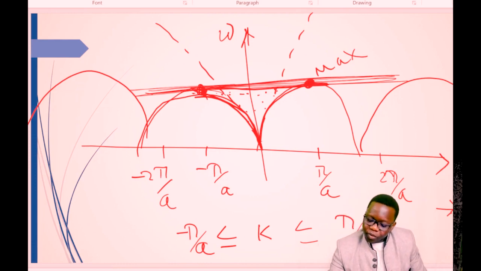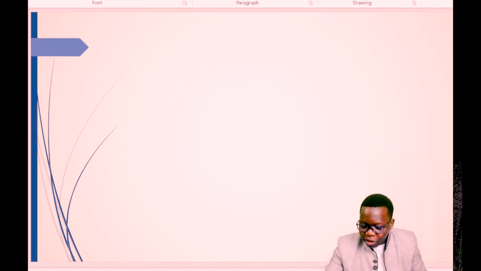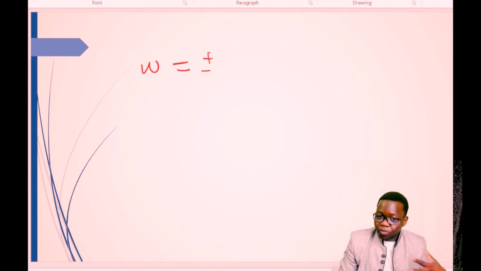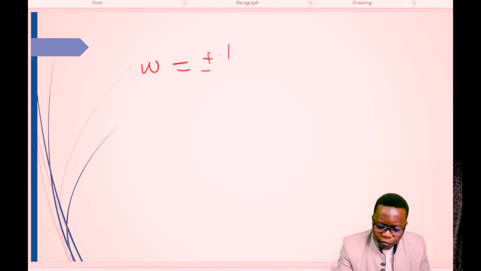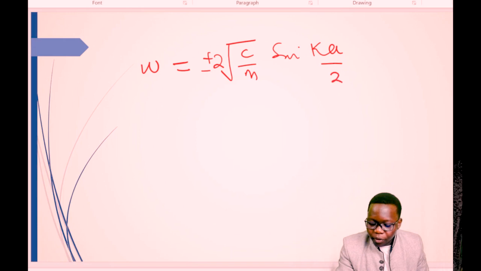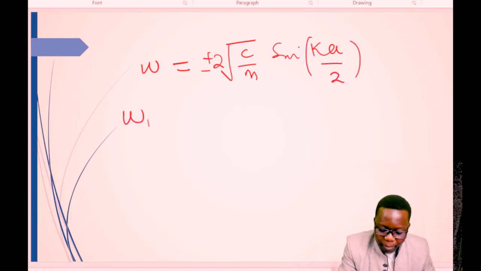So what is that maximum frequency? When is the frequency called maximum? That's what we need to know. We start by looking at the expression we got. We said our omega must be plus or minus, meaning it has two coordinates, on the left and the right, twice C over M, times sine of ka over 2. So when is omega maximum?